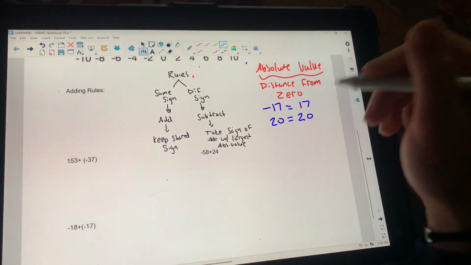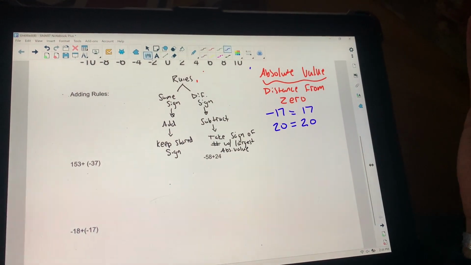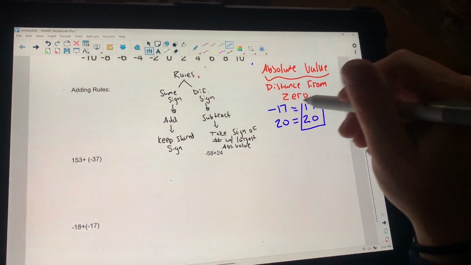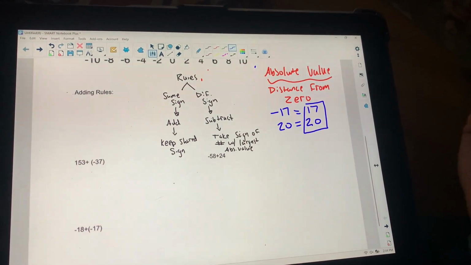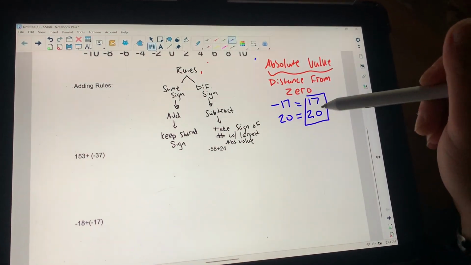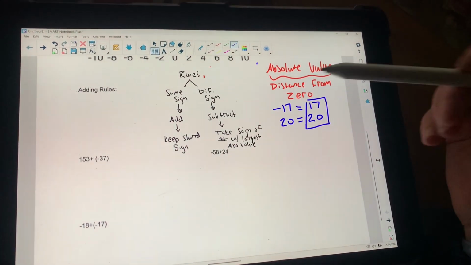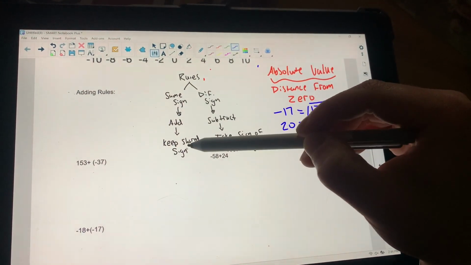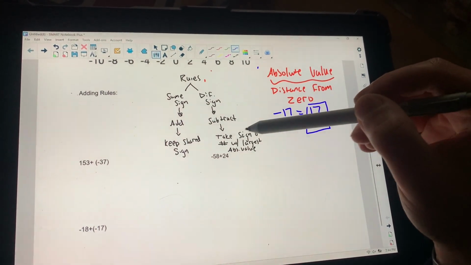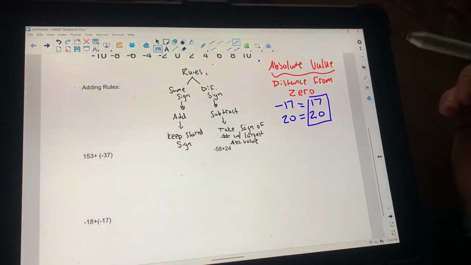Absolute value is always going to be a positive number. Technically, it's not positive or negative, but for our sake, we are going to call it a positive number because it's not going to be negative. So again, same sign, add, keep the shared sign. Different sign, we subtract, and we take the sign of the number with the largest absolute value, okay?